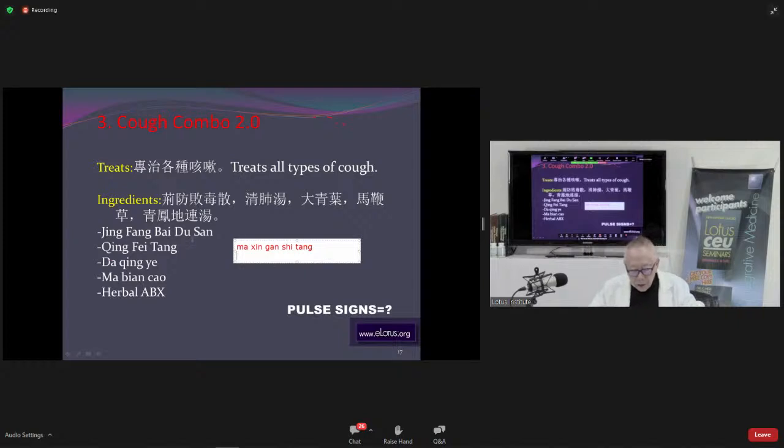Anyway, all this, you can use astringent. Don't forget, my astringent complex is very, very effective. And of course, you must tell the patient not to drink any ice water.